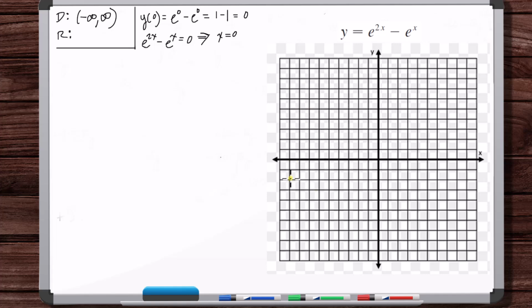Okay, so we're going to go from minus 5 to 5 on the x and the y. And the origin is the only intercept, x or y.